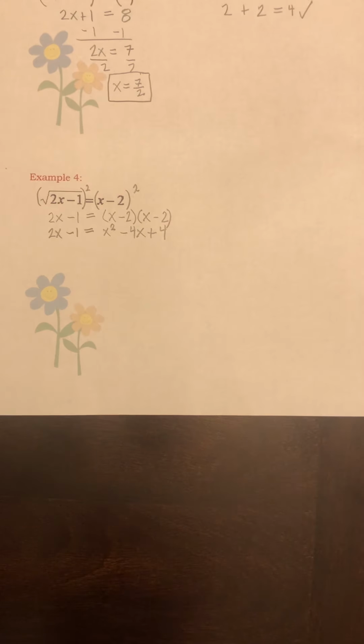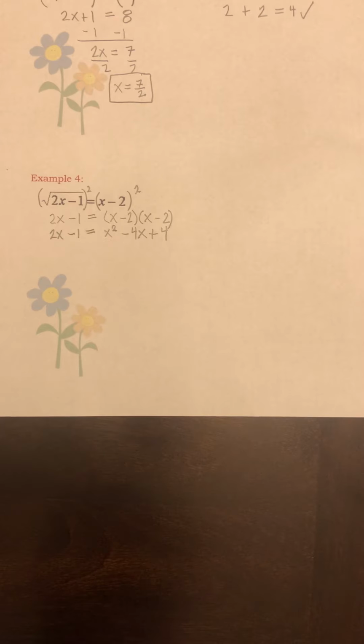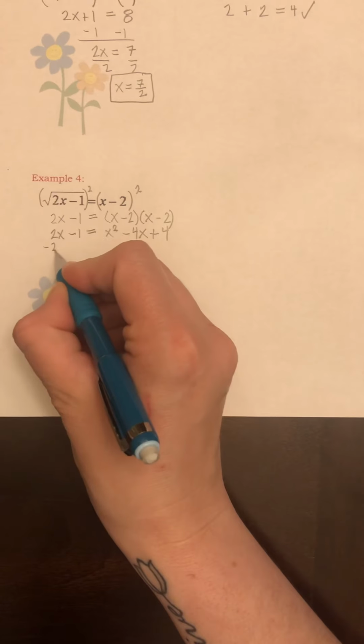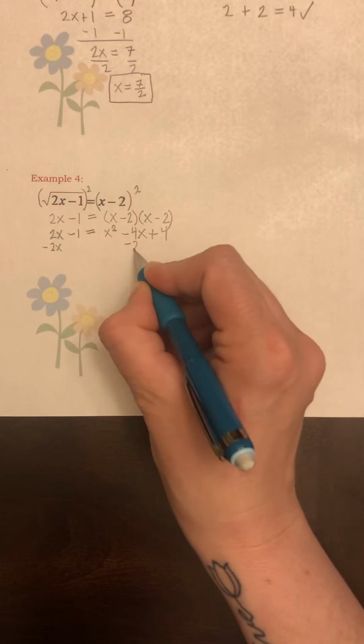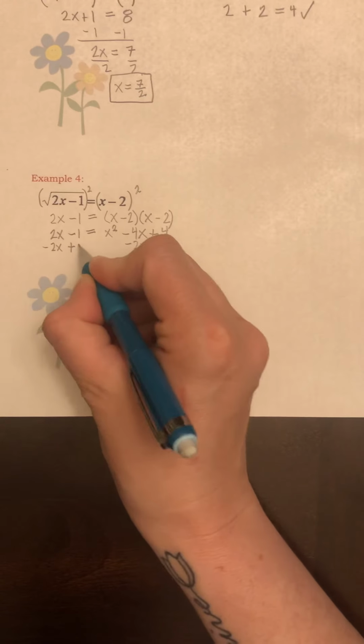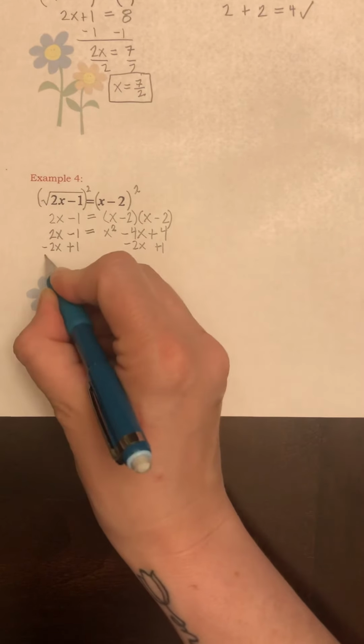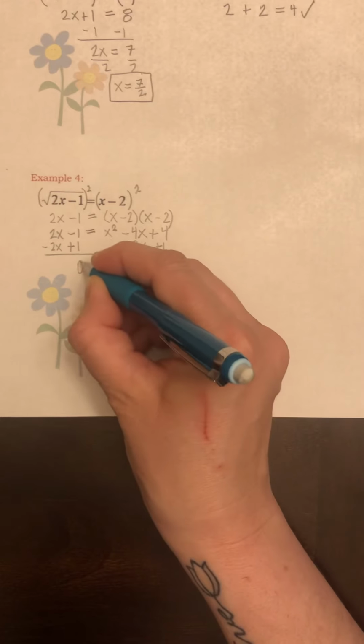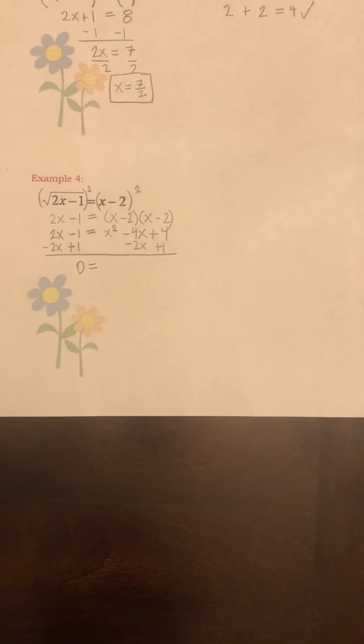Now this problem's a little bit different, you might be noticing also, because now we have a quadratic because we have an x squared. And so remember, if you have something that's a quadratic, you have to get one side set equal to 0. So I'm going to subtract the 2x from each side. I'm also going to add the 1 to each side because I'm going to turn that left-hand side of the equal sign into a 0.